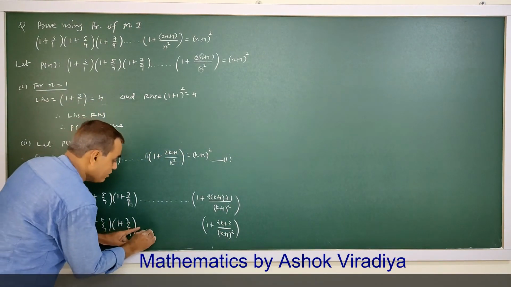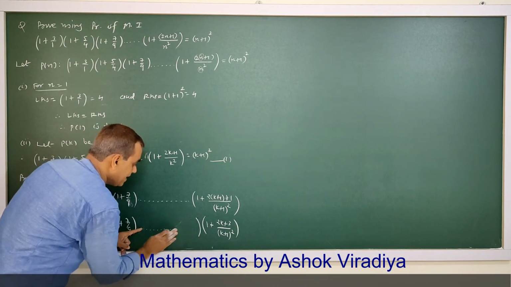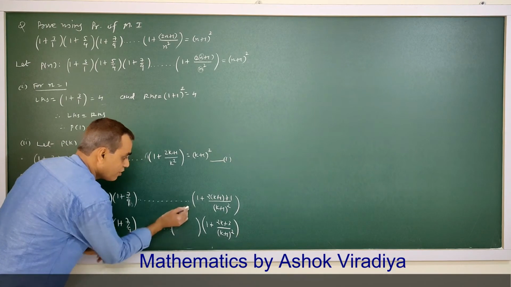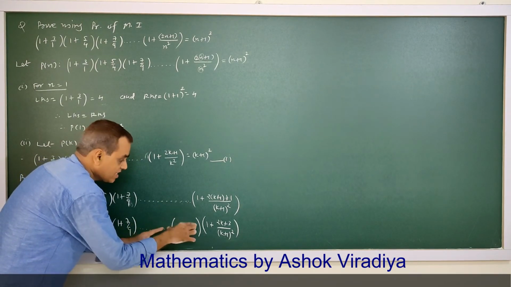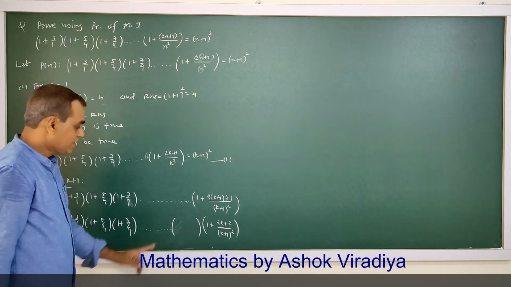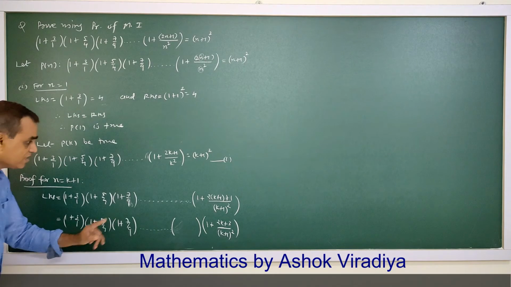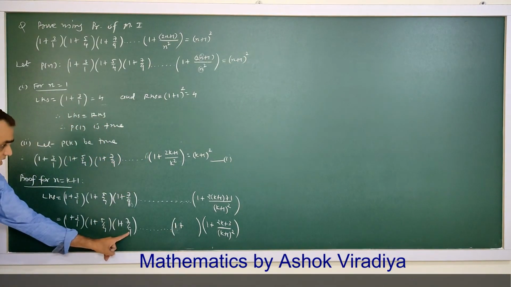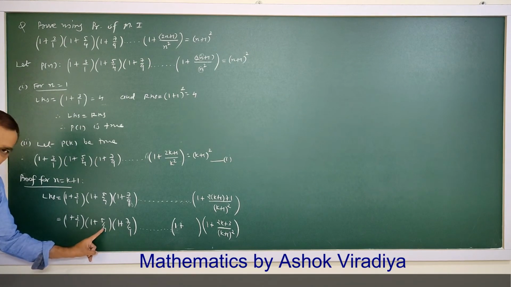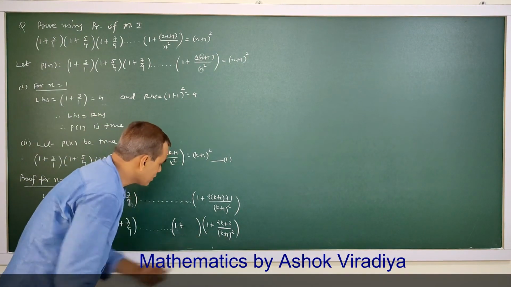Now here, as we do in every question, we make appear here second term from last term. From this dot, we make second term from last visible. So by observation, look here, 1, 1, 1. So this will be 1. Then look here, this is 3 square. This is 2 square. Here it is 1 square. 3 square, 2 square, 1 square. So here this is k plus 1 square.